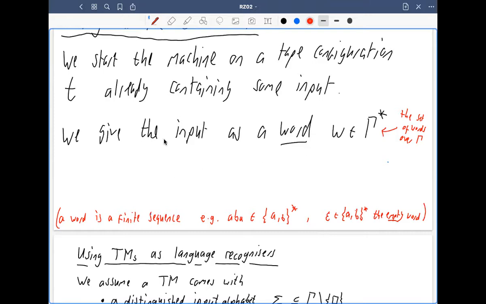Yes? It's not the power set. The power set would be the set of all subsets. This is the set of finite sequences. ABA is a finite sequence.